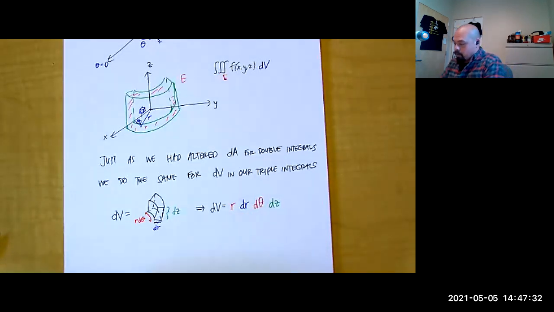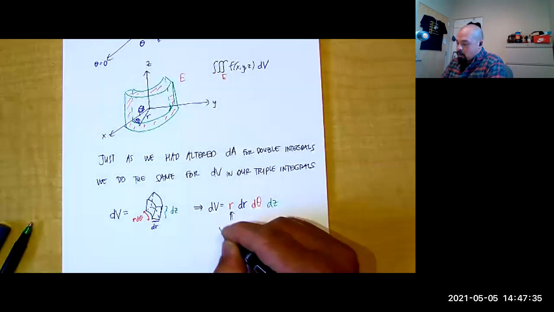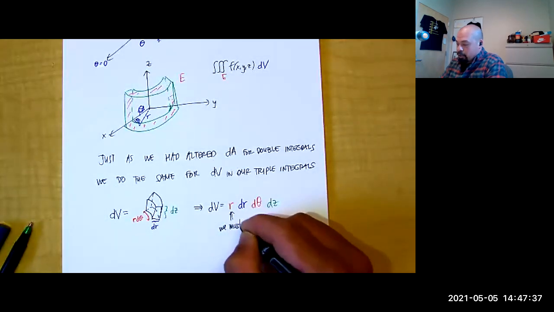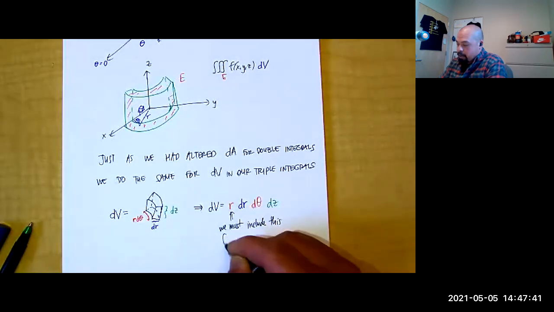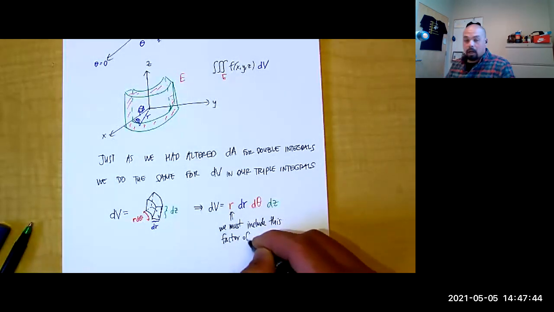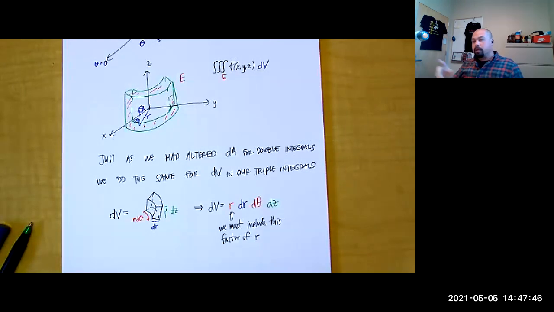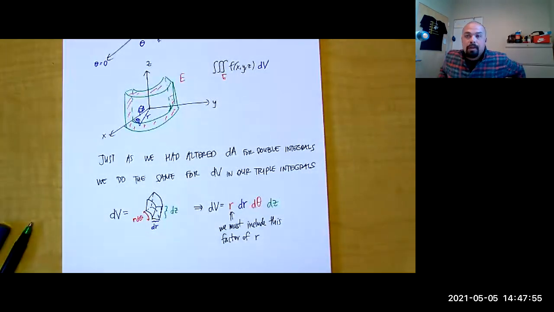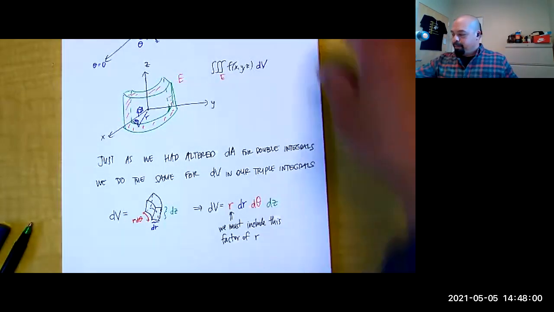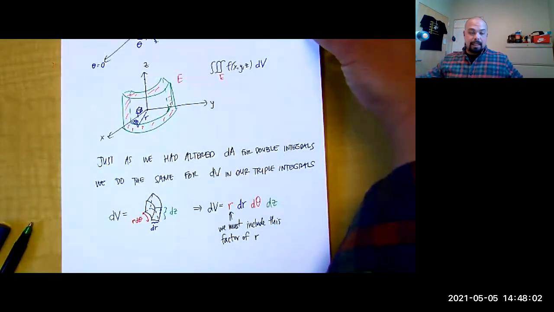But the important piece here is that when we create that dV, we must include this factor, that component of r. And then we can rearrange accordingly. And again, that description follows pretty much what we had done with our work in polar coordinates back in section 15.3. Okay. All right. So with that said, let's look at an example.